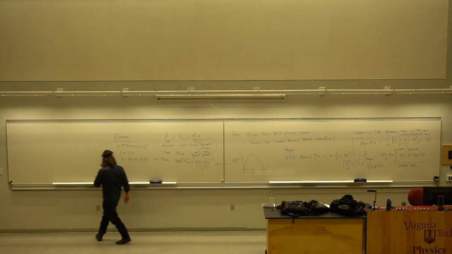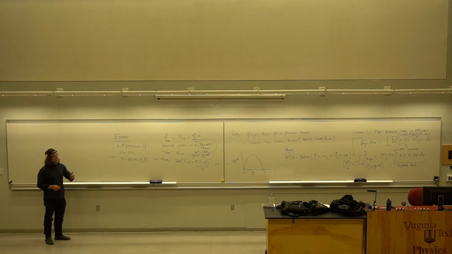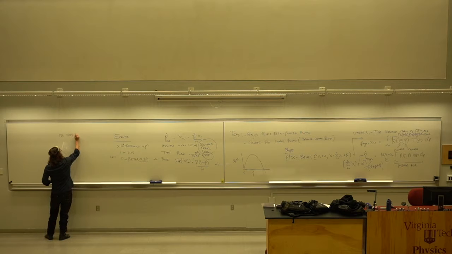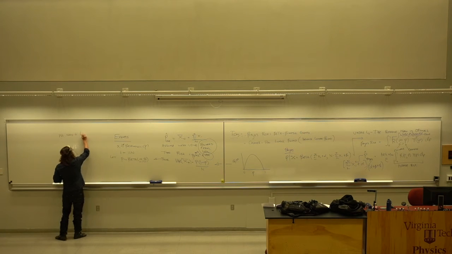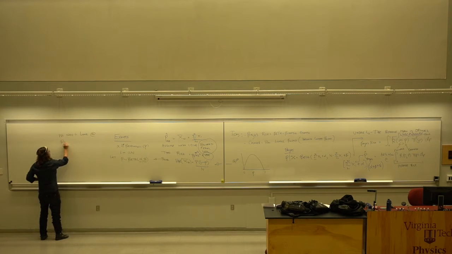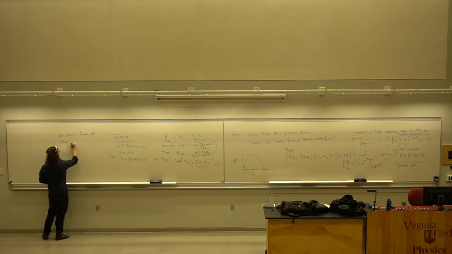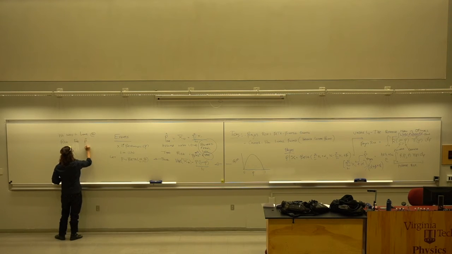So what we need to do for our Bayesian answer is assess what the risk is. So we need to look at the risk for p hat Bayes.